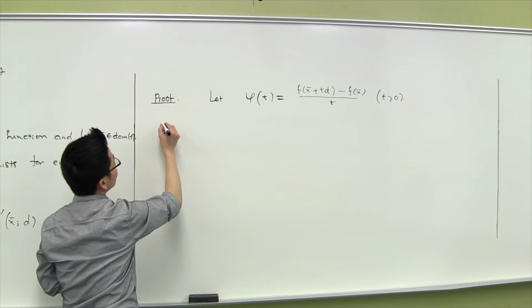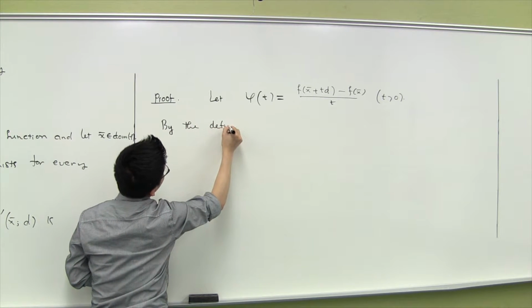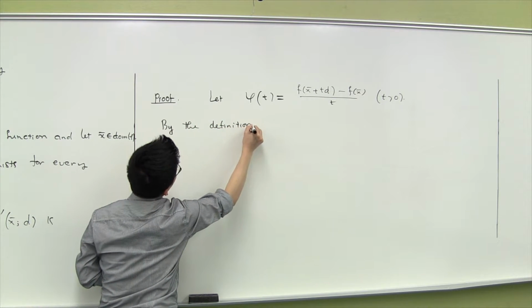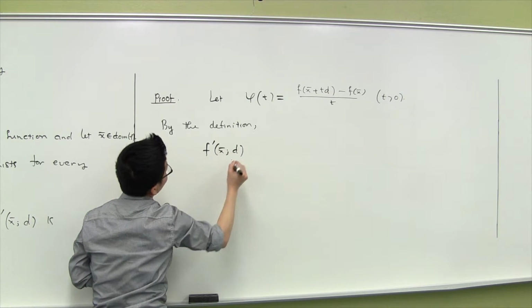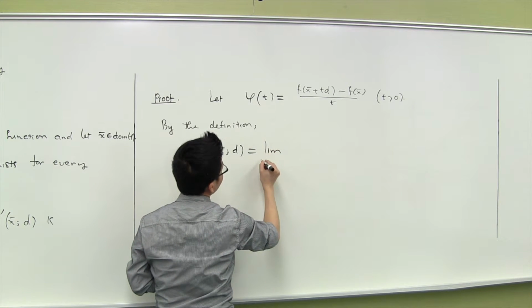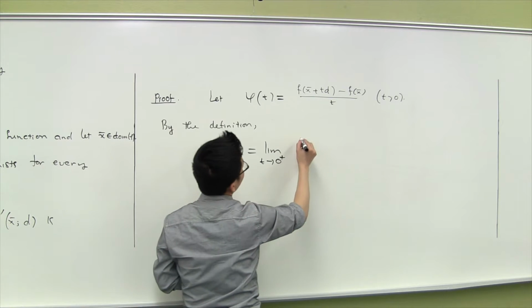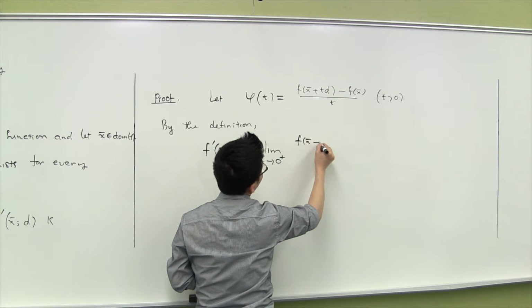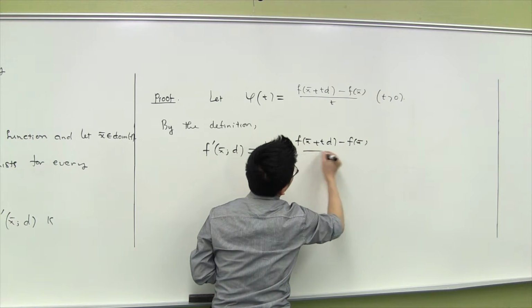By the definition, f prime of x bar in the direction d is equal to the limit as t approaches 0 from the right of f of x bar plus t times d minus f of x bar over t.